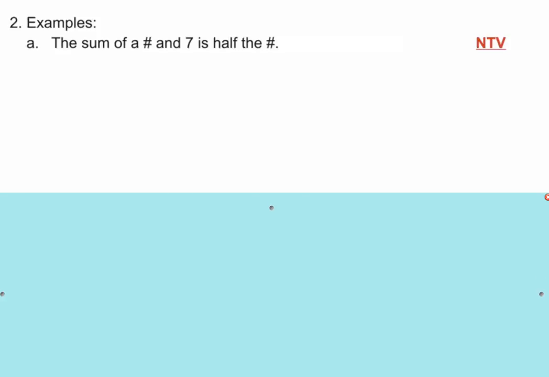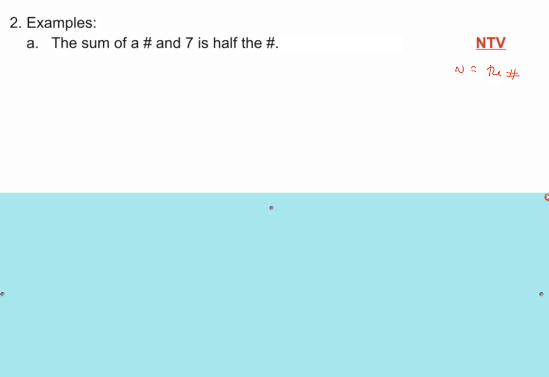All right, so we'll start off pretty simplistic. The sum of a number and 7 is half the number. The sum of a number and 7 is half the number. Well, we have to start off with a variable, and it's your choice. I like n. And in this case, n is simply the number.